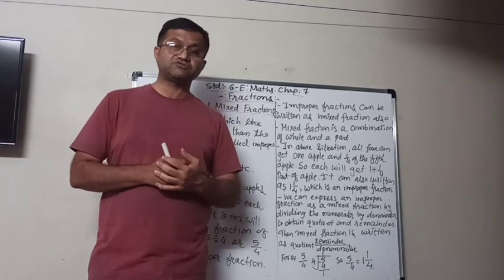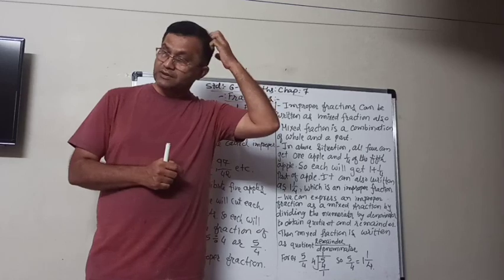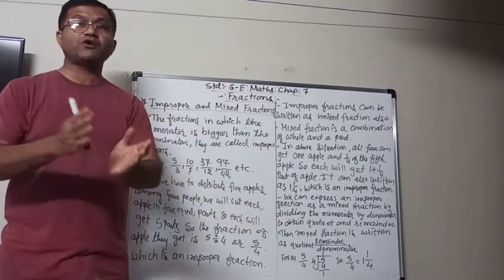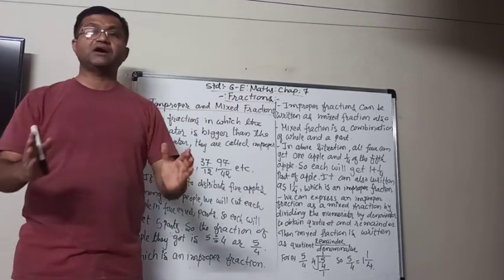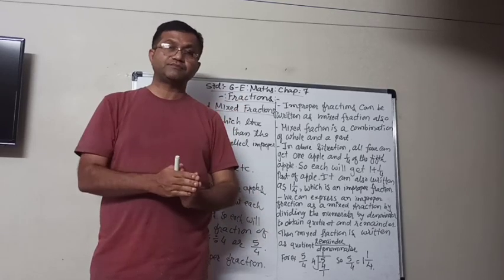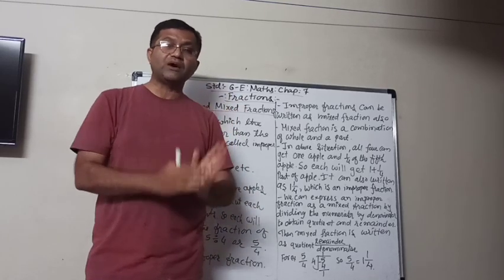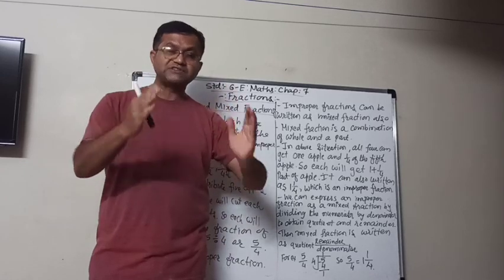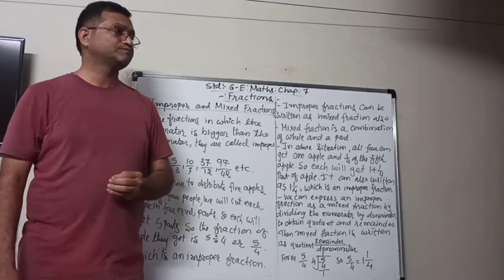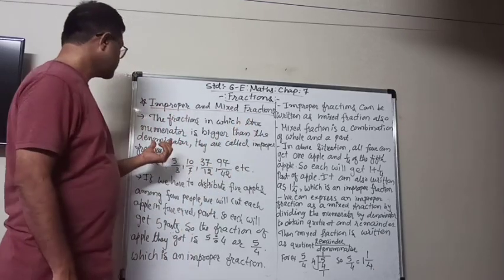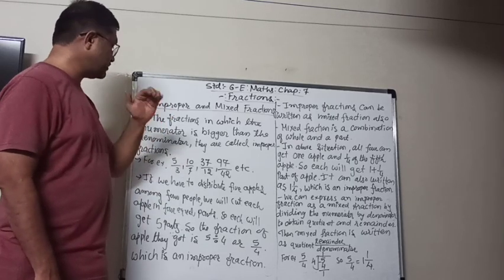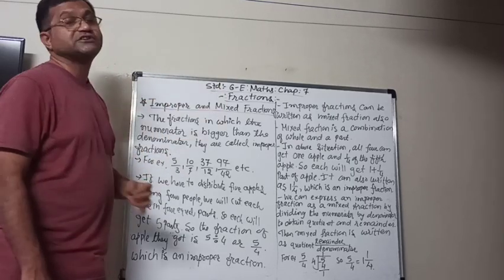We saw in the last video that when it is a proper fraction, meaning a part of a whole, the denominator was always bigger, and therefore that fraction was less than 1, and therefore we always represent them between 0 and 1. Now here the denominator is smaller and the numerator is bigger.